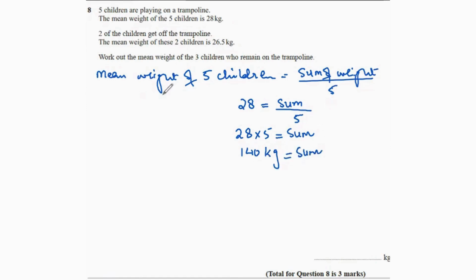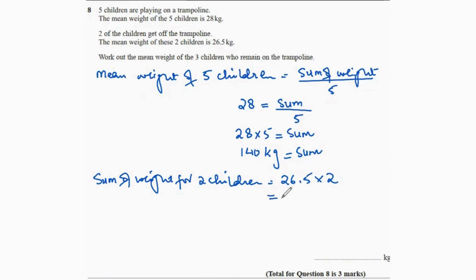Same thing for the 2 children. Sum of weight for 2 children is going to be the mean weight 26.5 times the number of children, which is 2, and that equals 53. So 53 kg is the sum of weight for the 2 children.